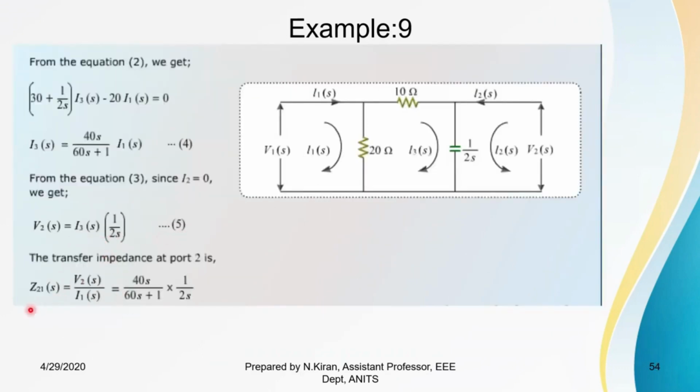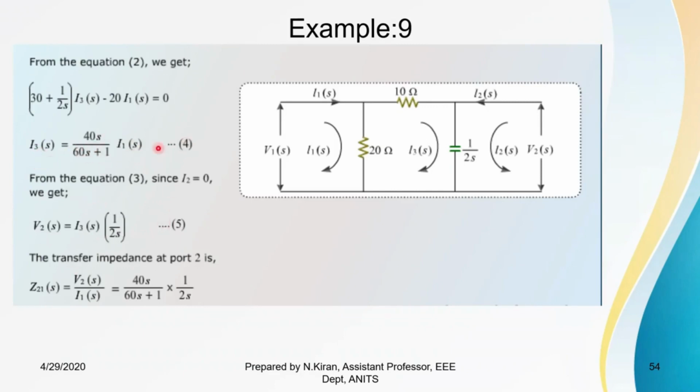So Z21 of s is equal to V2 of s by I1 of s. We know the expression for V2 of s from the fifth equation, and I1 of s I can write from the fourth equation to be I3 into 60s plus 1 by 40s.